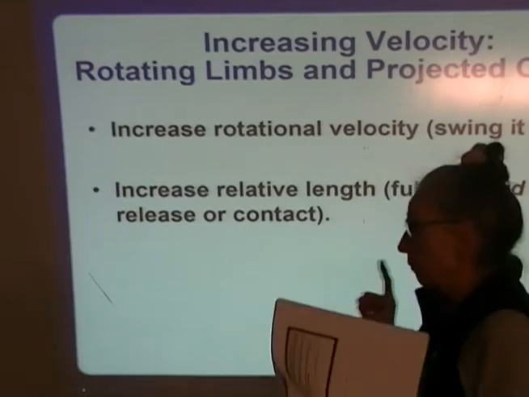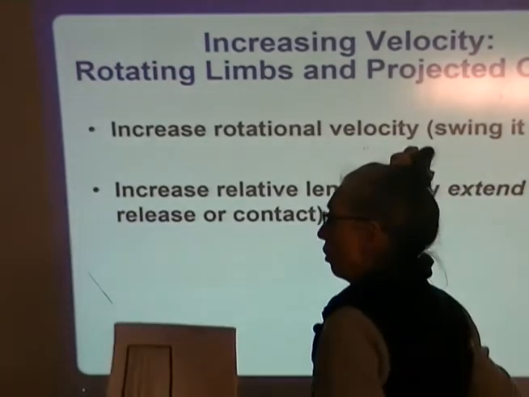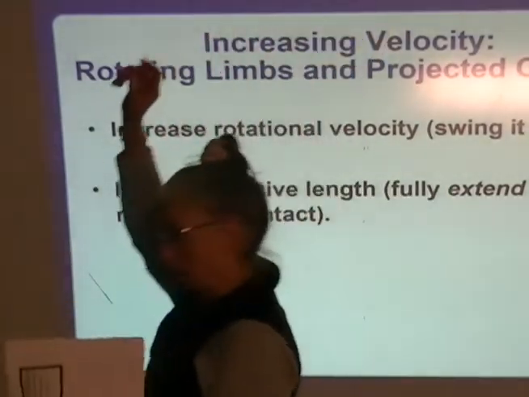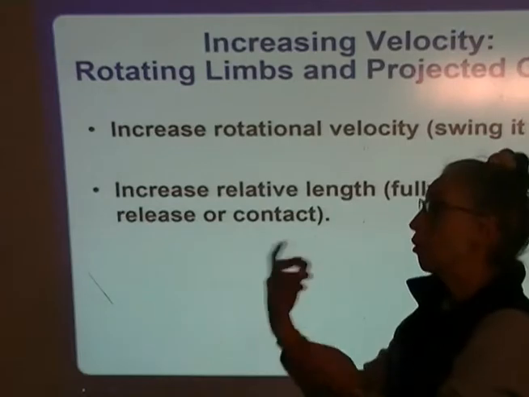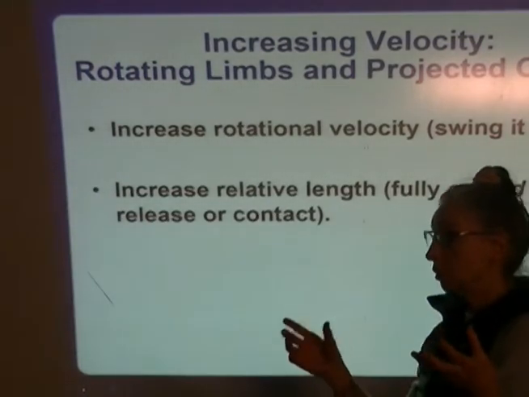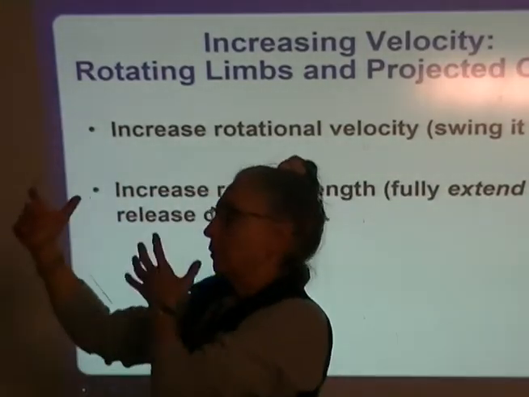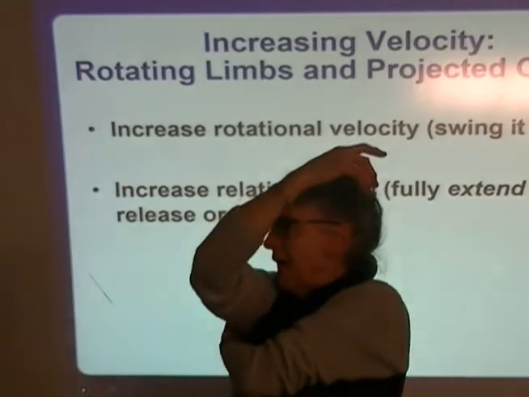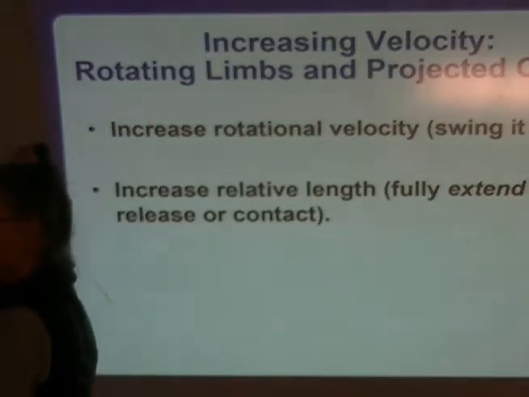So then one of my options is to swing faster. Okay? So that's possible to improve in certain movements, right? I can make my shoulder and my chest and my back stronger and swing my arm faster, all right?